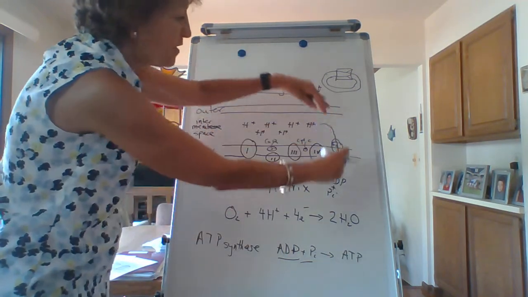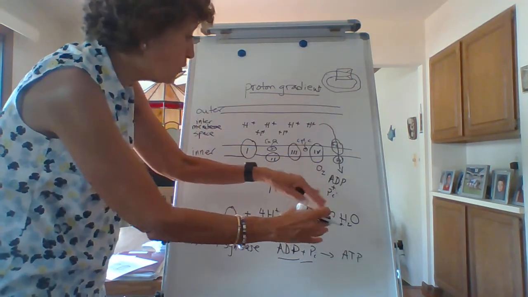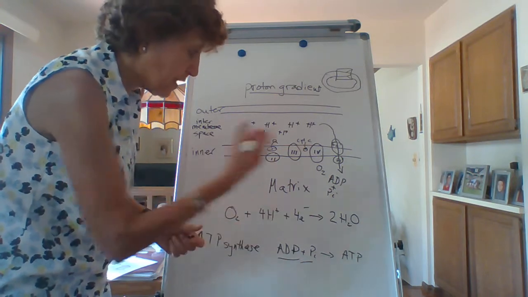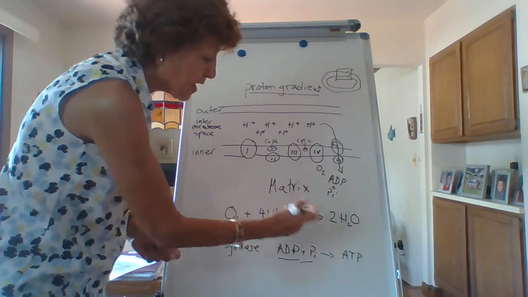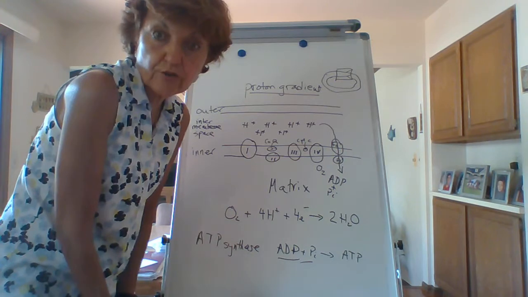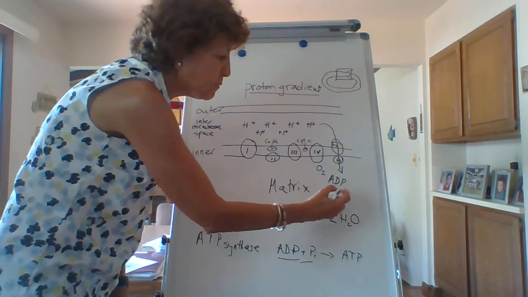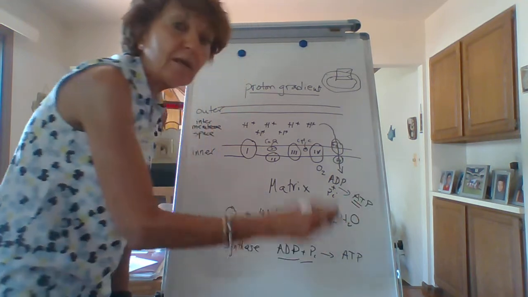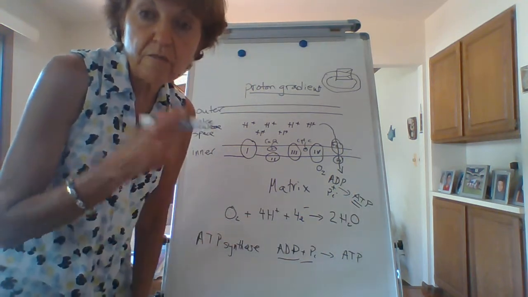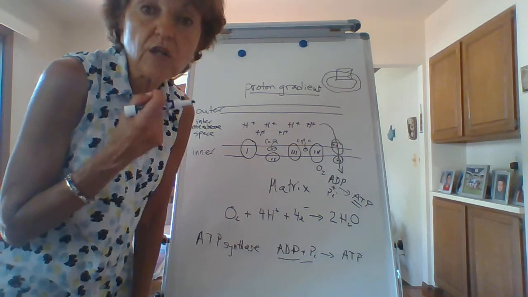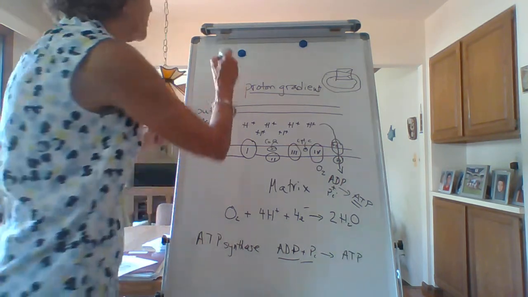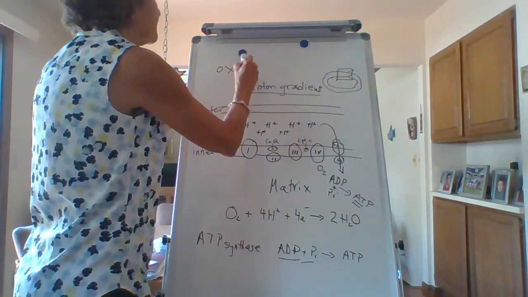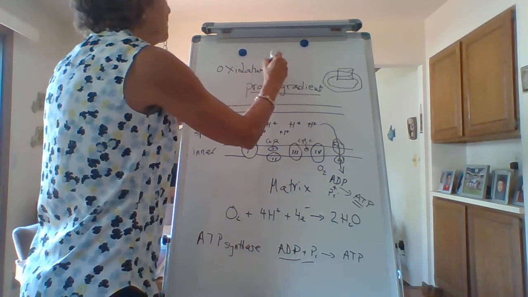So when all these protons flow back into the matrix, this energy is captured, and you can create high energy bonds and turn ADP and inorganic phosphate into ATP. This method of making ATP is called oxidative phosphorylation.